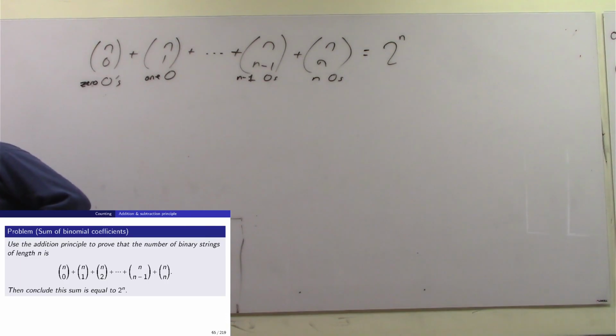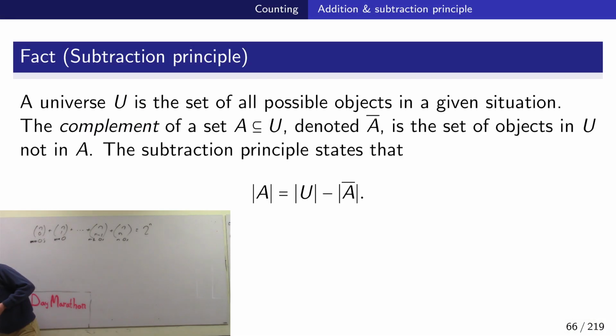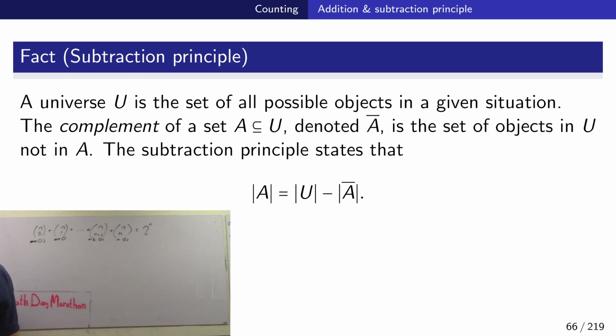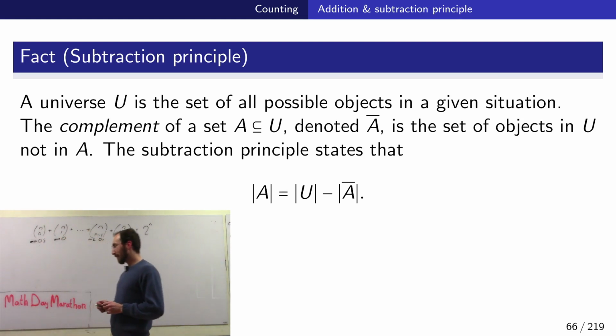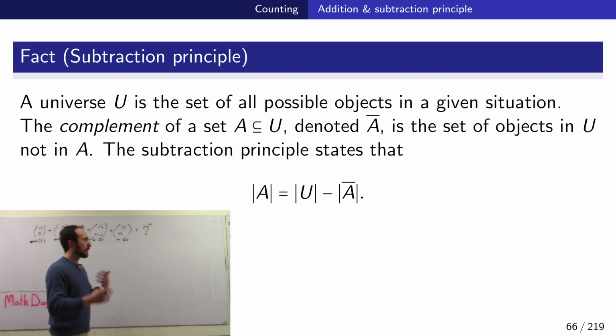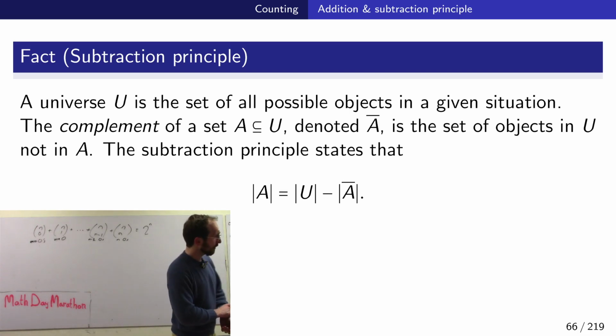So let's use that idea up next. Now, we said it at the beginning, we have the subtraction principle. We are alluding to it. So now we have this concept called a universe. The universe is all possible objects in a given situation.